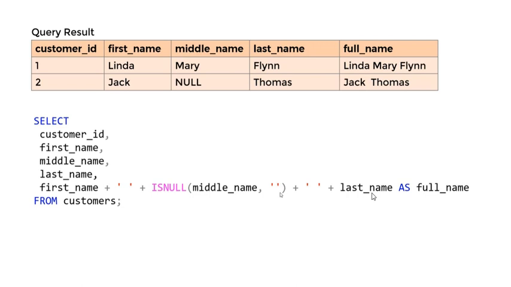It looks fine, however if we take a closer look, we will notice that there are actually two spaces between the first name and last name for Jack Thomas. Then we have another space plus the last name.